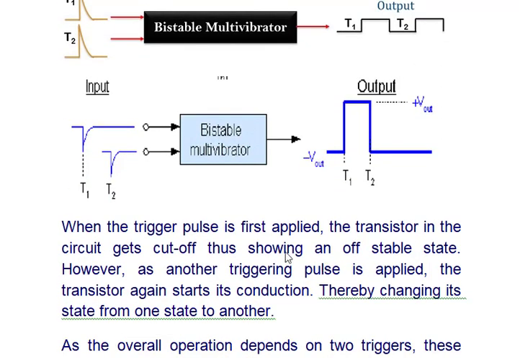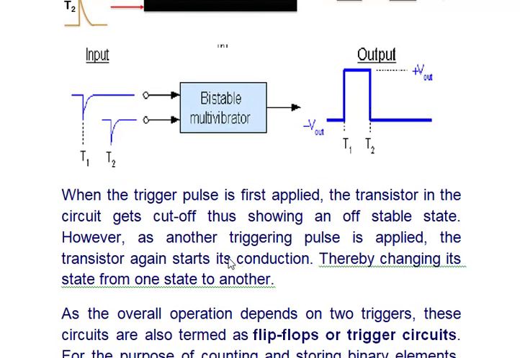When the trigger pulse is first applied, the transistor in the amplifier circuit gets cut off, thus showing an off stable state. However, when the second triggering pulse is applied, the transistor again starts its conduction.